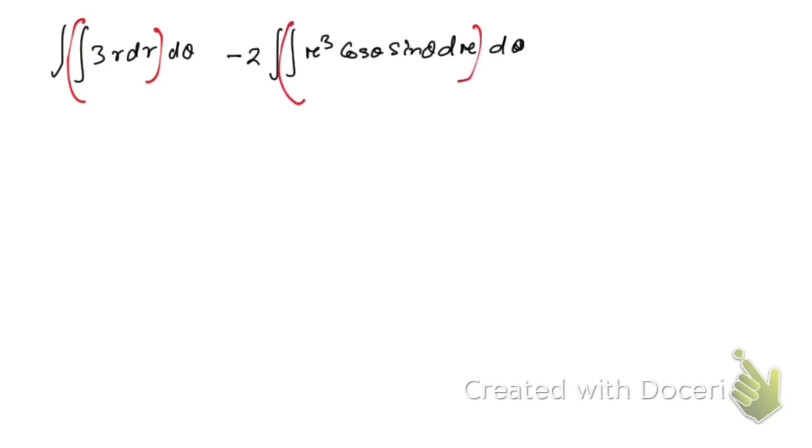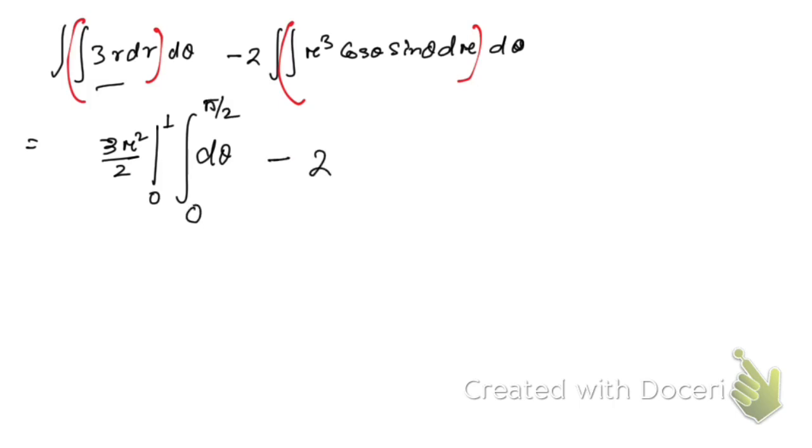Let's check what we get. After integrating with respect to r, this becomes 3 r square by 2, and we have to integrate it from 0 to 1 when you integrate it with respect to r. Then this is function of r, so it can be written outside the integral when you integrate with respect to theta. So here we're going to write d theta 0 to pi by 2, that's it, minus 2.